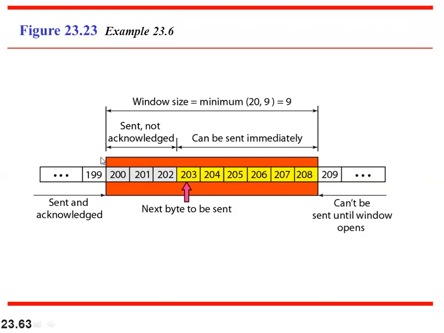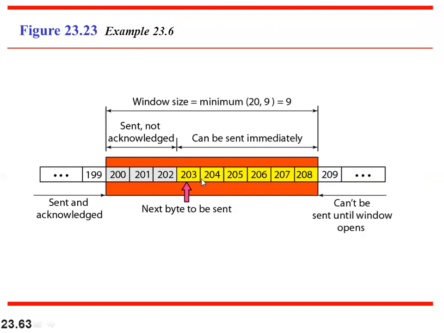All the bytes after byte number 208, starting from 209 onwards, are in the sender's buffer, but the sender is not allowed to transmit them.